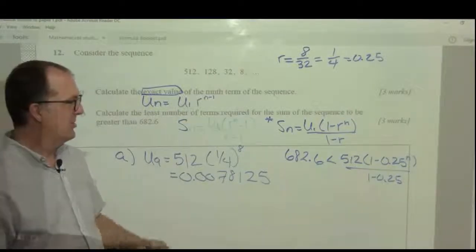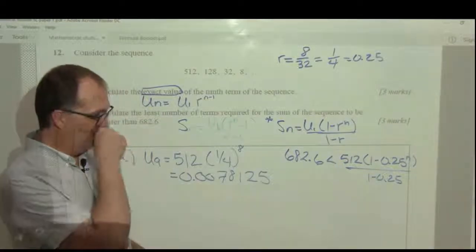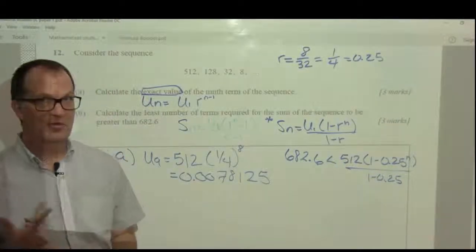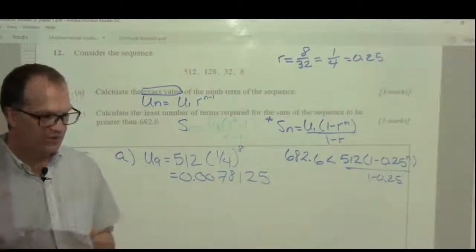It will take you a moment to type this into your calculator, and you can simplify it if you want a little bit, but you're going to see that I'm not going to simplify it. I'm just going to type it in and let my calculator do the work.